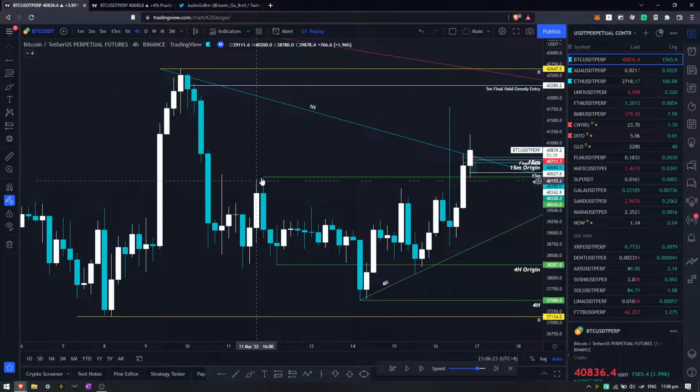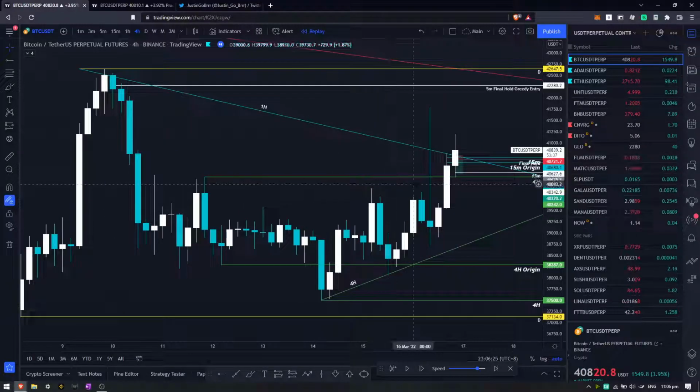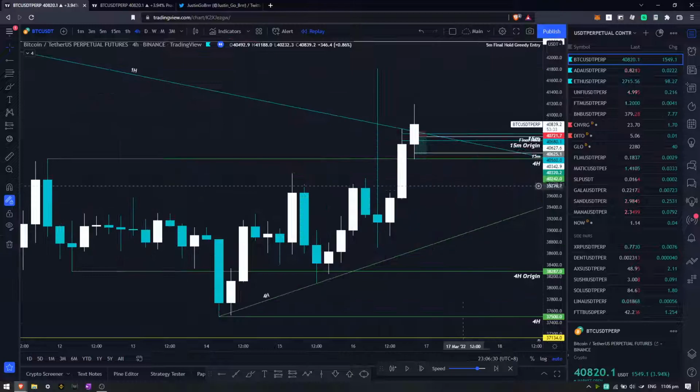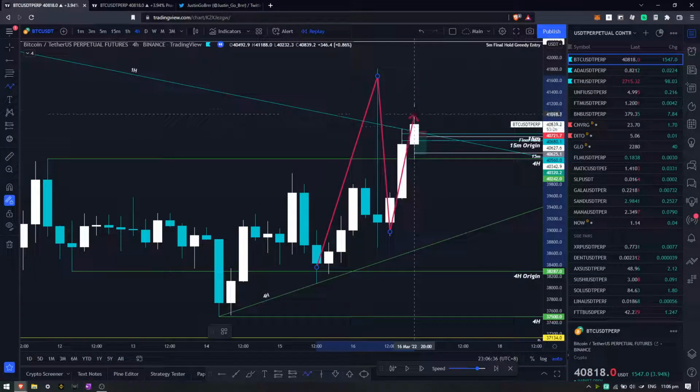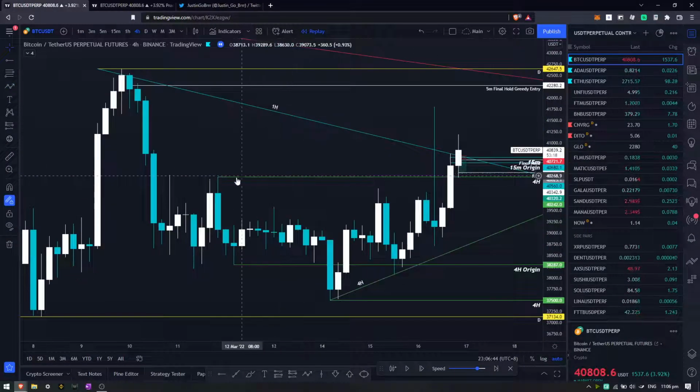Actually, this one is an origin level since it was tested here, and now it was tested again here. With an origin level, we can expect the price to go up above it again. This can be used to test the move upwards, and then we can expect it to go up. So this is an origin level.